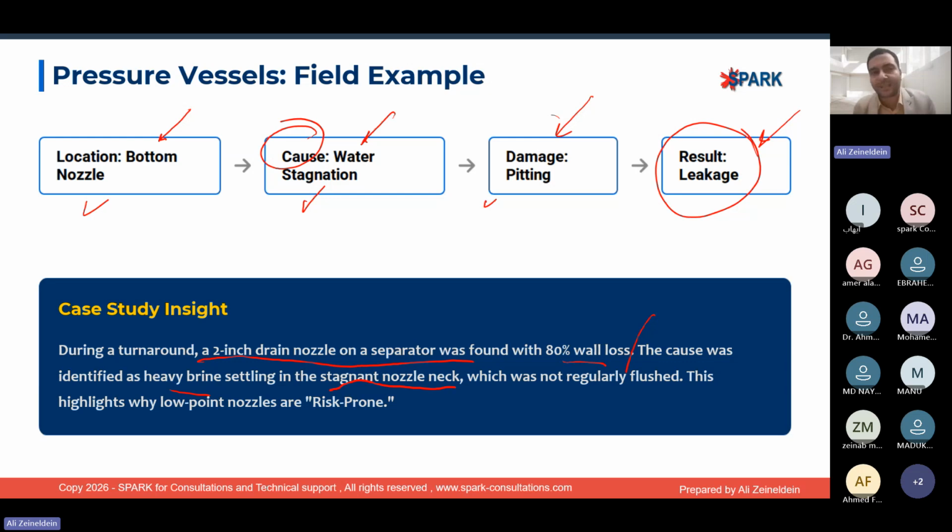This is the risk due to bad performance from the operation team. There was no flushing on time, which led to stagnation, and then finally to pitting and leak.